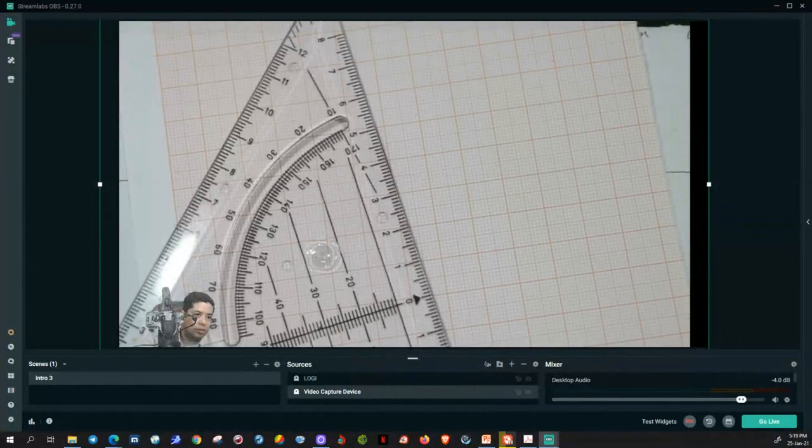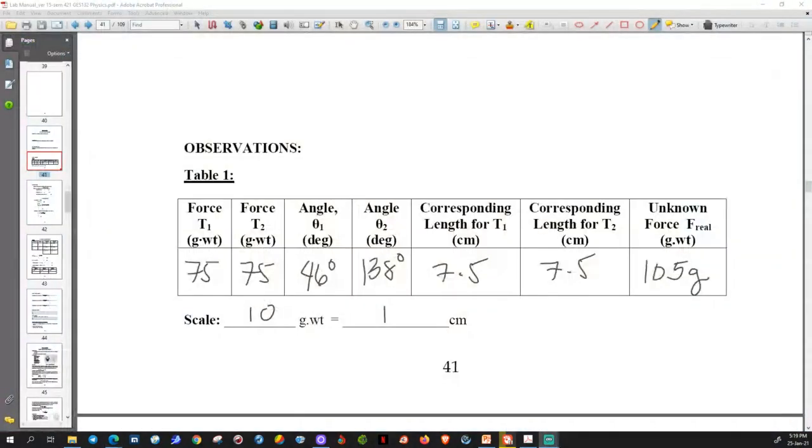Where did it go? One second, guys. Let me see. Nope, not that one. One second, guys.